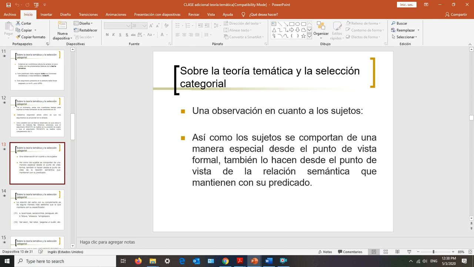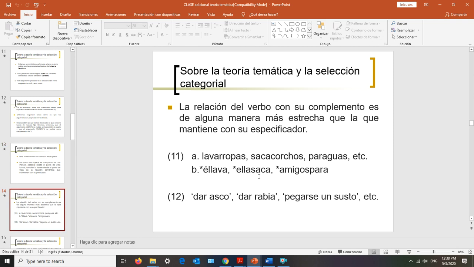So, just as subjects behave in a special manner from a formal syntactic point of view, they also do so in terms of their semantics and in terms of the relationship they maintain with the predicate in a simple sentence, predicate that functions as predicator.